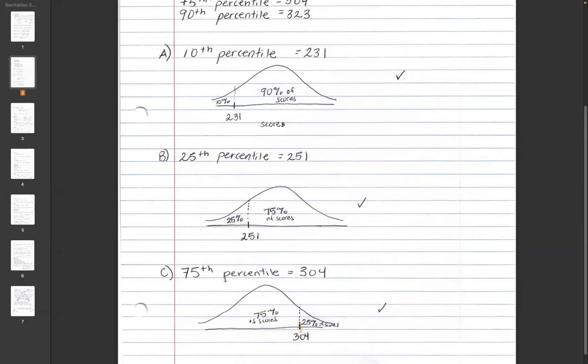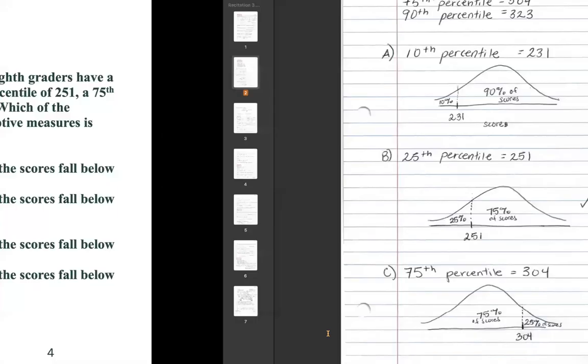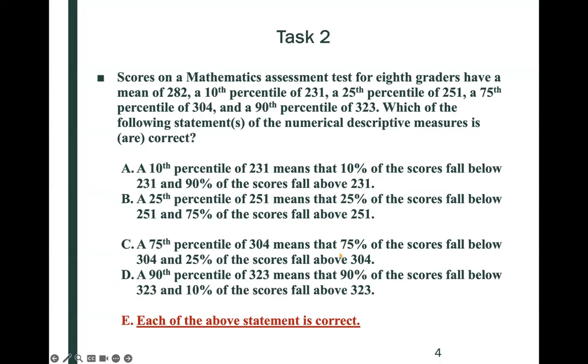I'm first going to write the score down, and then 75% of the scores fall below 304, and the remaining 25% of the scores are above 304. That is what C says, so that's correct.